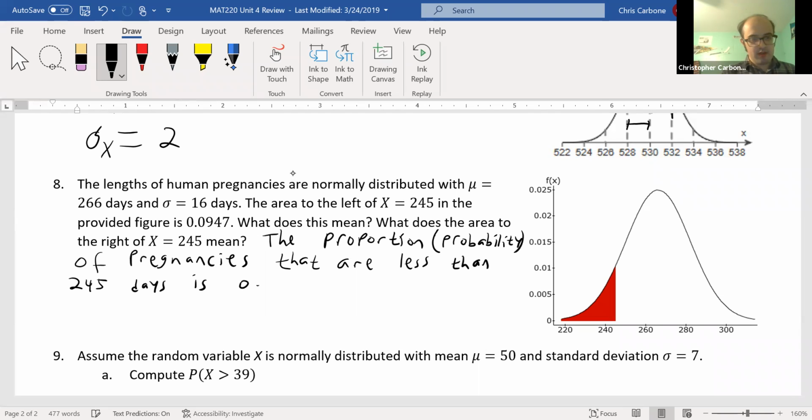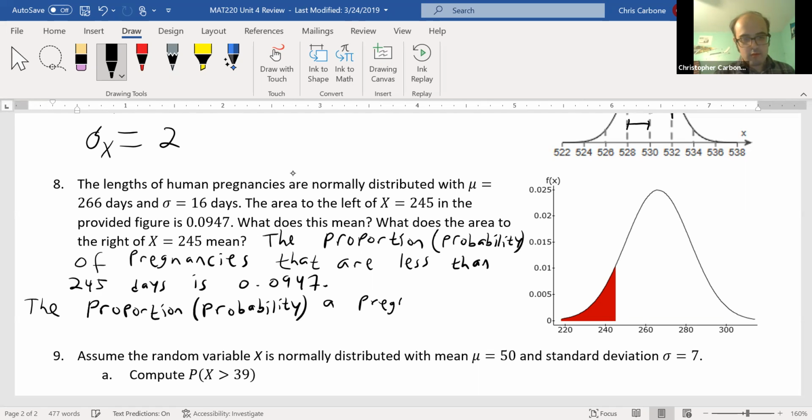Is 0.0947. So the area to the right of x equals 245 is the proportion, again, or probability, a pregnancy lasts for more than 245 days, is 0.9053.